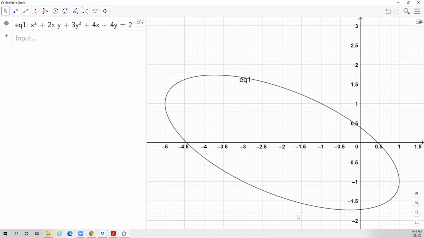The graph is bounded. You see, the x value is between -5 and 1. The y value is between -2 and +2. So within this range, there are only finitely many integer points to consider.